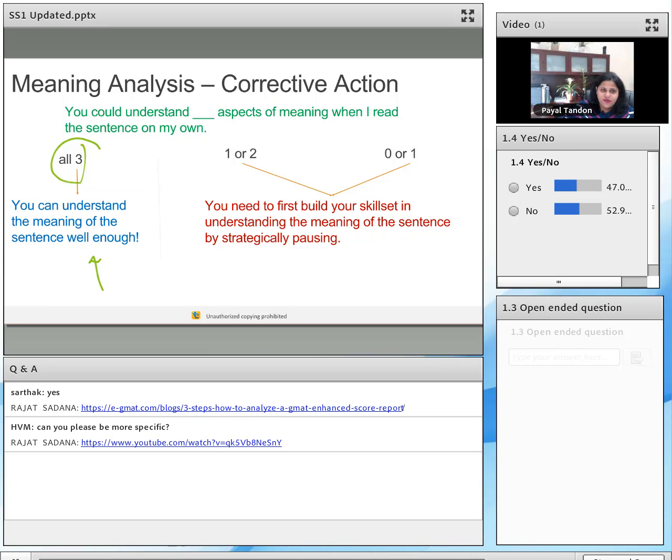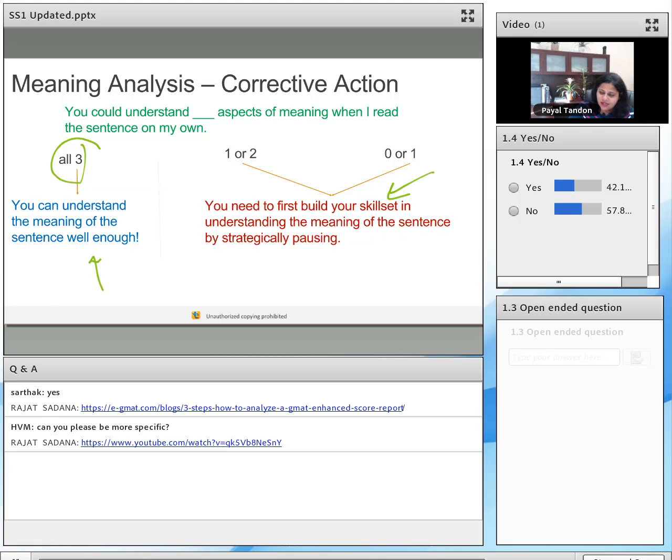Okay, so for those of you who were able to understand all the 3 aspects of the meaning, good job. For those of you who made a mistake there, who weren't able to get all the three aspects of the meaning.